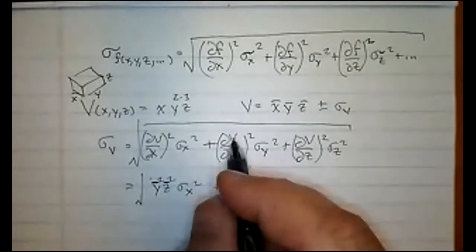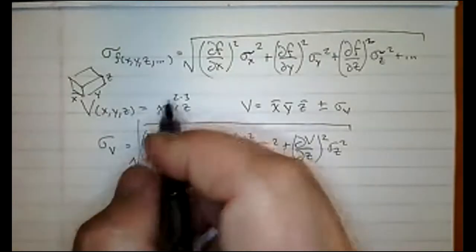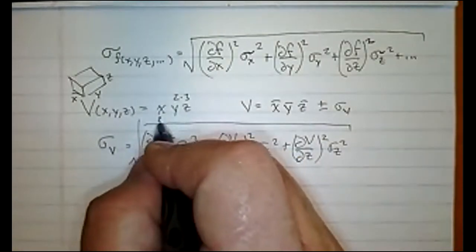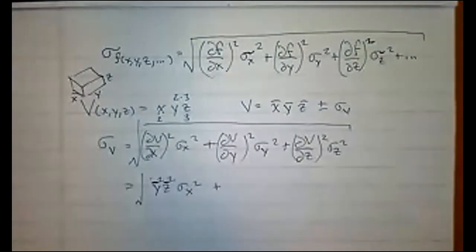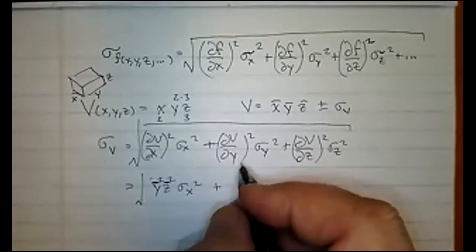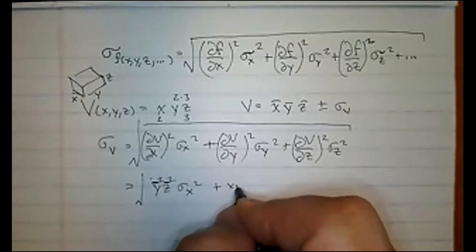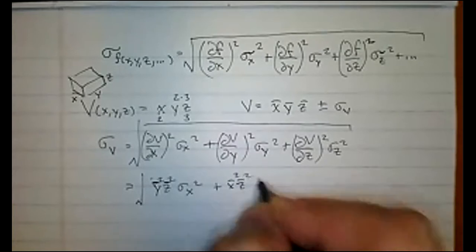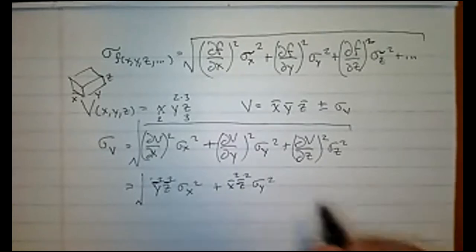Now, when I take the derivative of v with respect to y, I'm going to pretend like the x and the z are 2 and 3. So I have 2 times 3 times y. That's just going to give me 2 times 3, which is x bar, z bar. And since the formula has to be squared, I had to square those times sigma y squared.